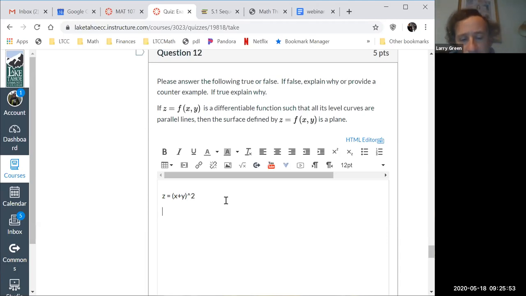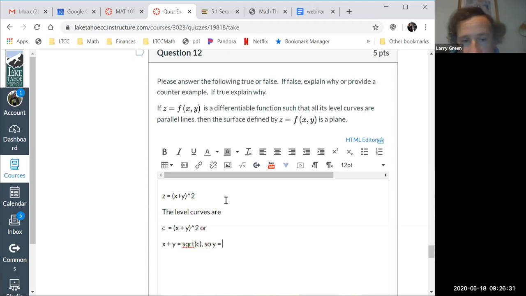Then notice the level curves are some constant c, because remember you set z to a constant, equal to x plus y squared, or x plus y is equal to the square root of c. And remember, c is a number, square root of c is also a number.